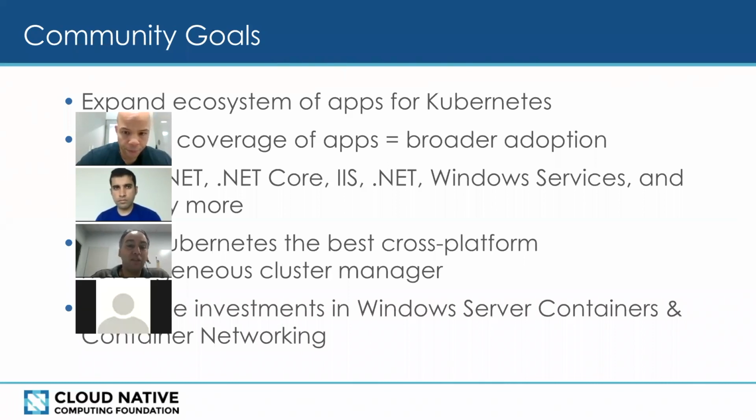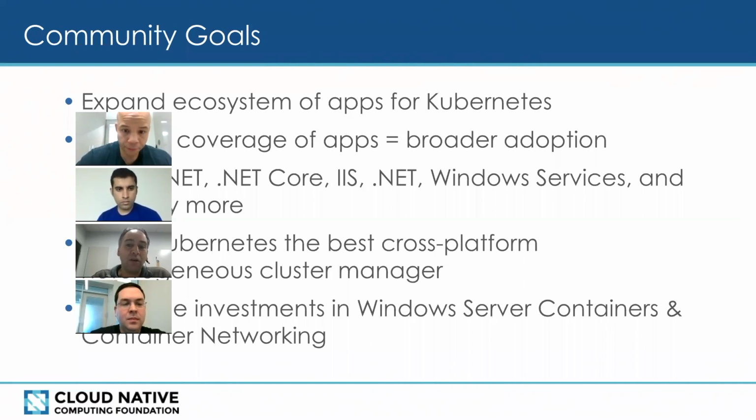So by bringing .NET and Windows-based applications into Kubernetes, it allows many enterprises that have adopted a hybrid model, where they have both .NET, Java, and other programming languages, to manage all of them in a cloud-native way using Kubernetes. That enables ASP.NET, .NET Core, IIS, Windows services, and many more applications to be hosted on Kubernetes, and allows Kubernetes to become the best cross-platform heterogeneous cluster manager.